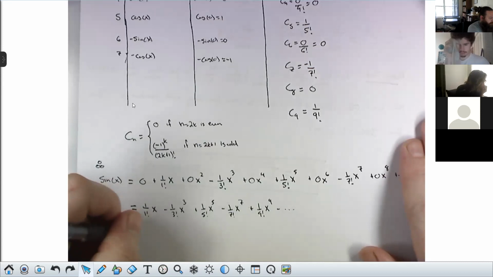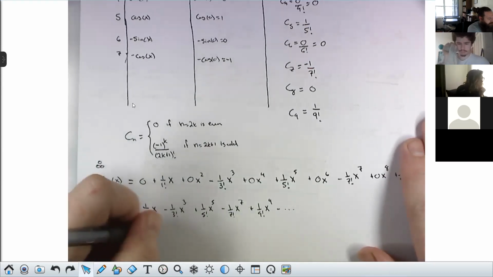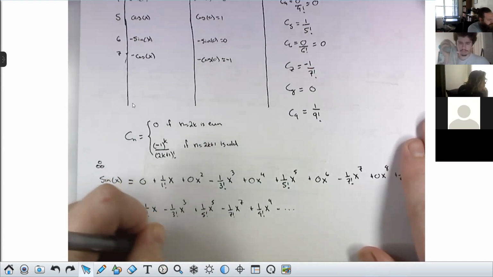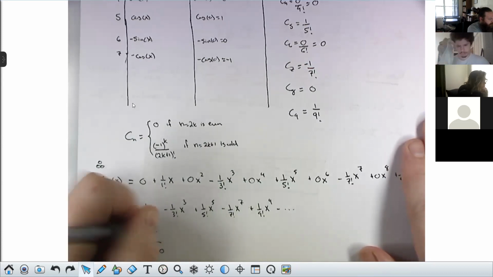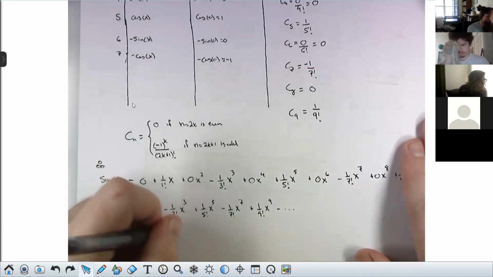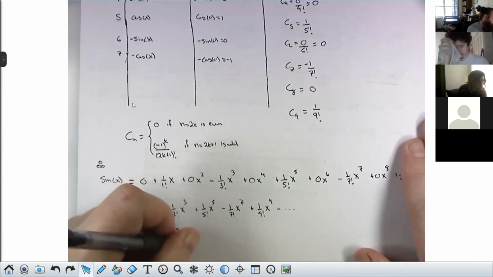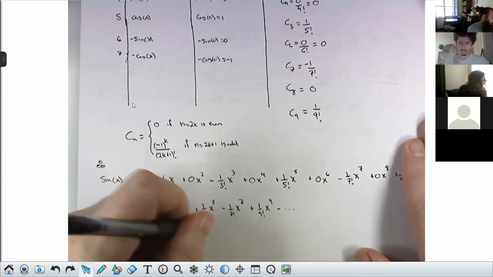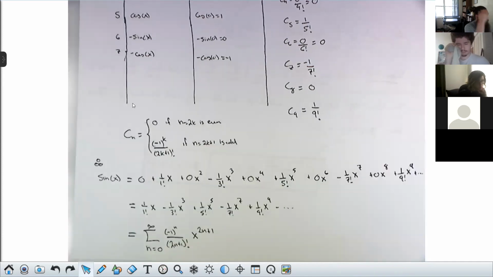In other words, in sigma notation, we can rewrite this as sigma n from 0 to infinity, negative 1 to the n over 2n plus 1 factorial x to the 2n plus 1. It's identical to the arctangent series.